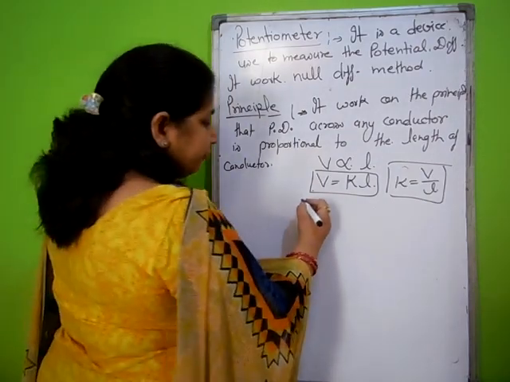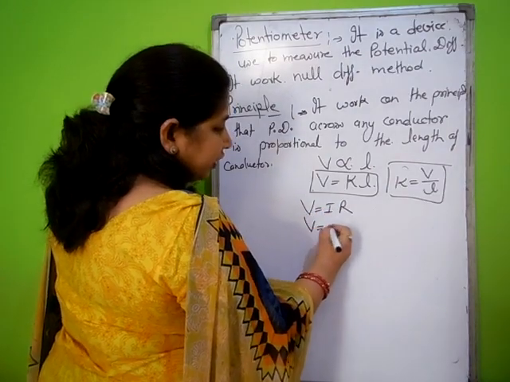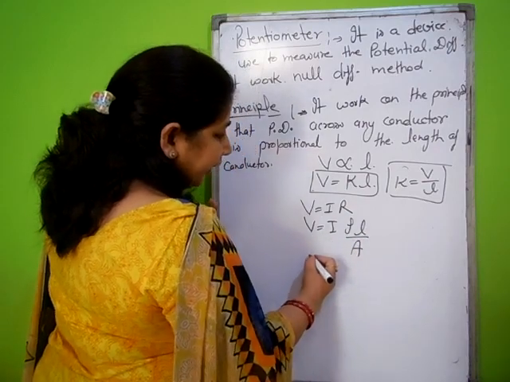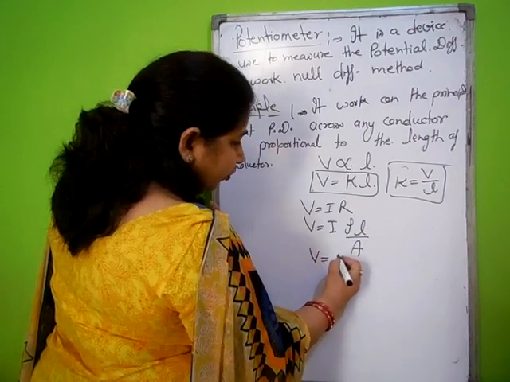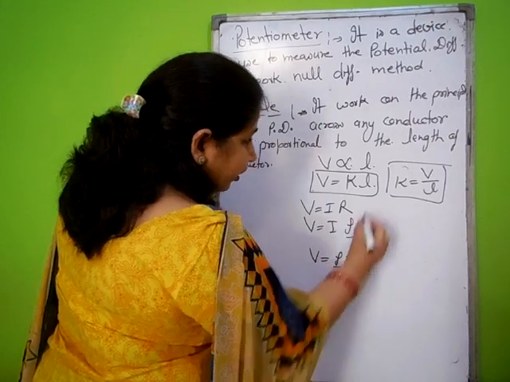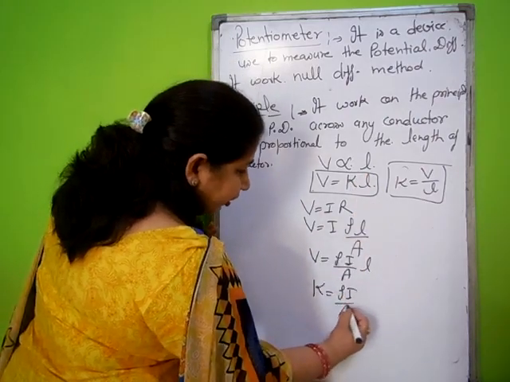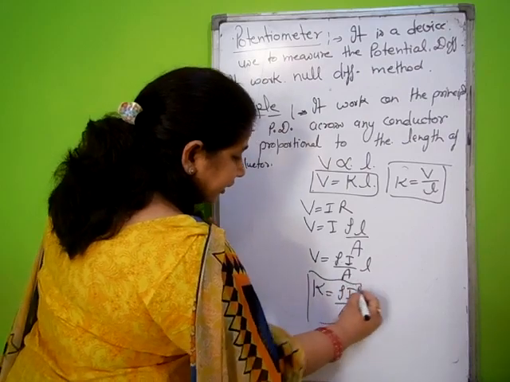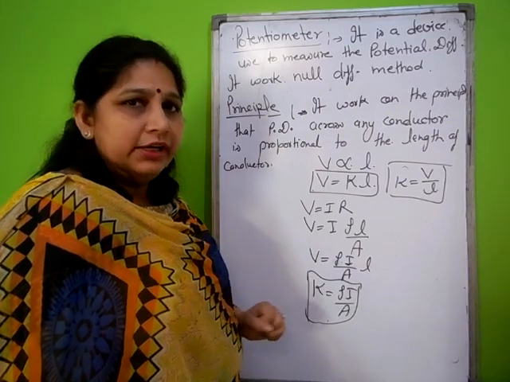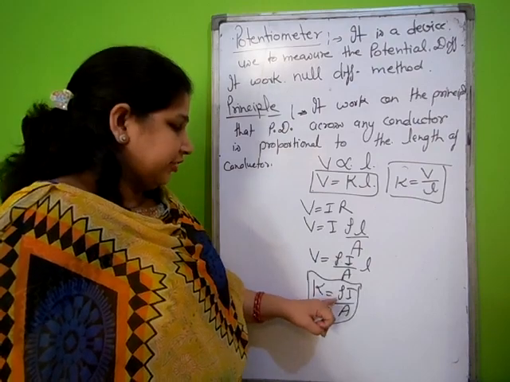And the second formula we can find, as we have V is equal to IR, or V is equal to I rho L upon A, so V is equal to rho I upon A into L. On comparing this, we have K is equal to rho I upon A. This is the second way to find the value of K with the help of current, cross-section area and resistivity if we have.